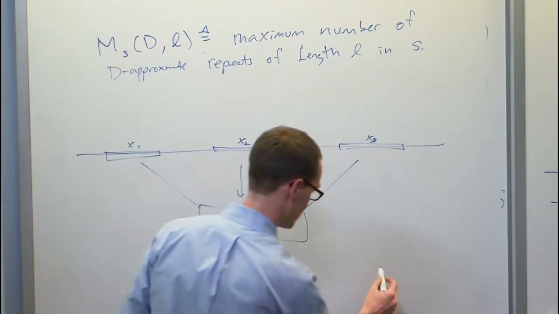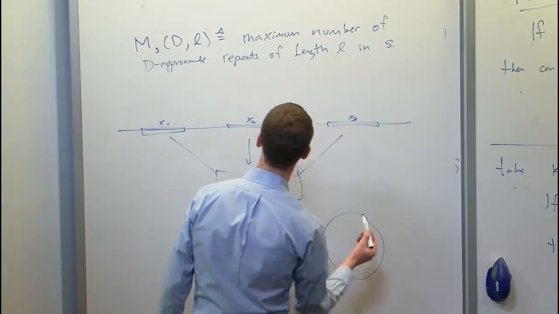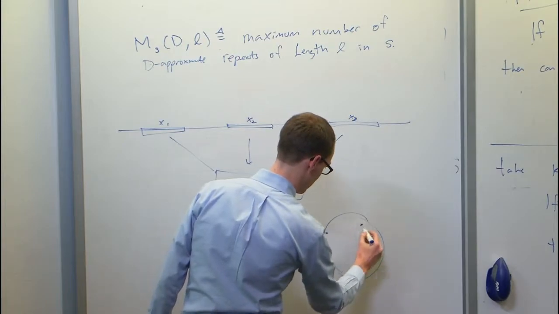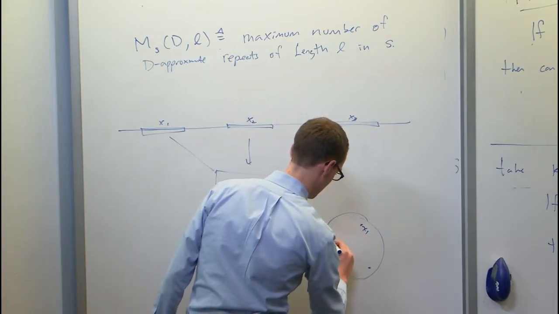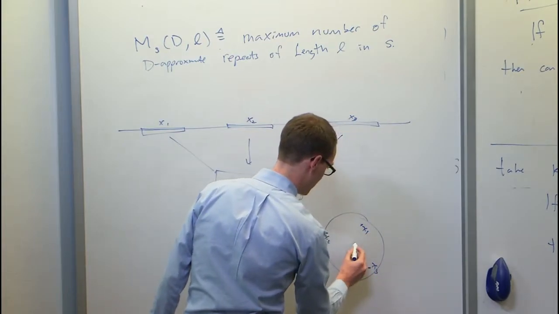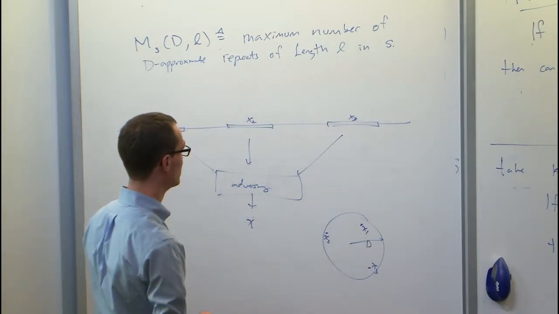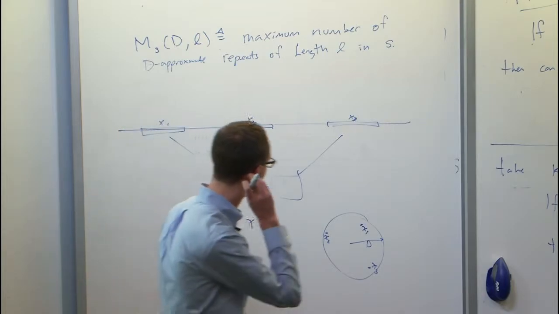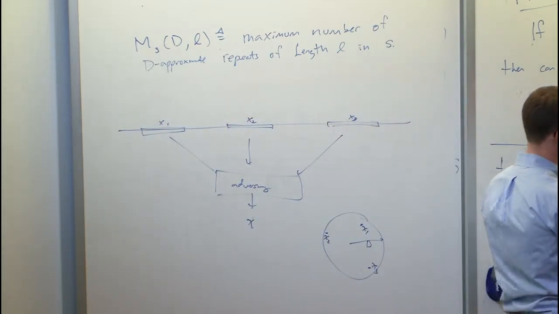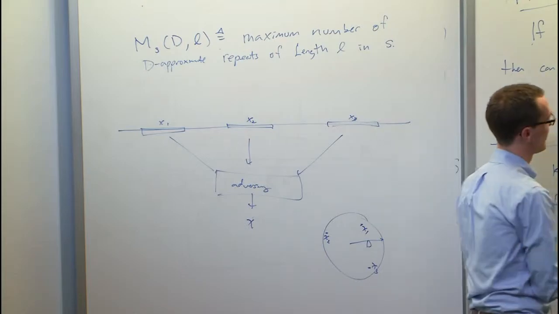You have these points, x1, x2, x3. And by D approximate repeats, I mean that they lie in a ball of radius D. So basically, this captures the approximate repeats.